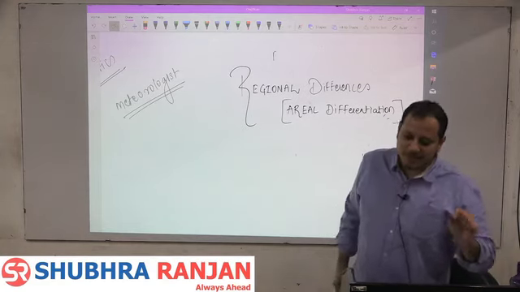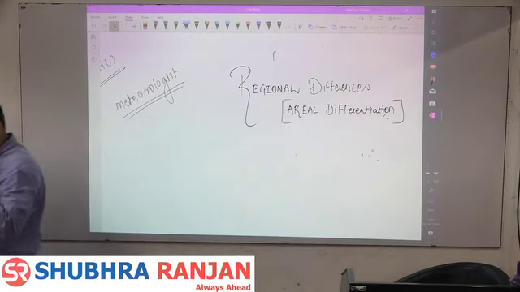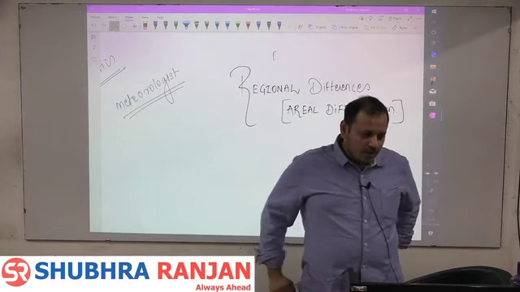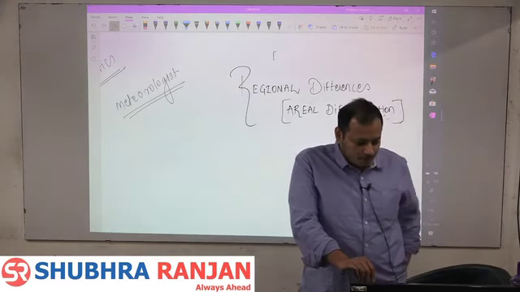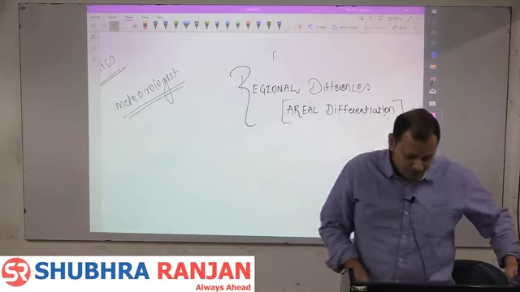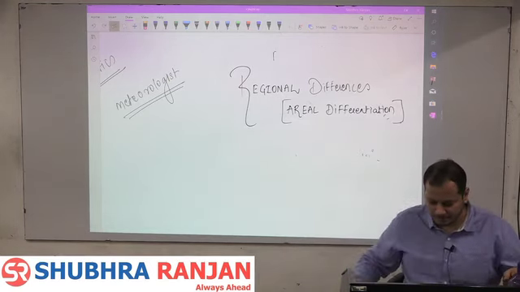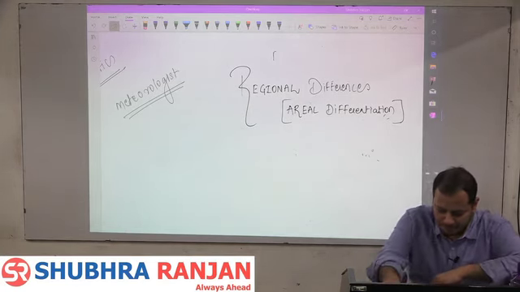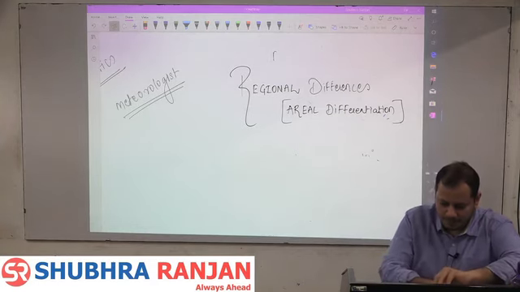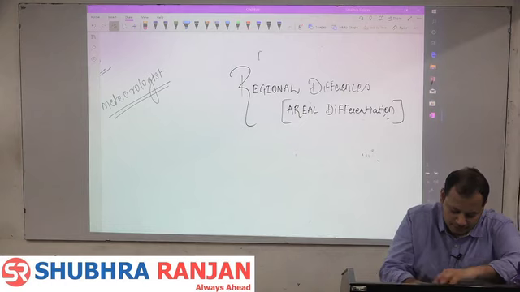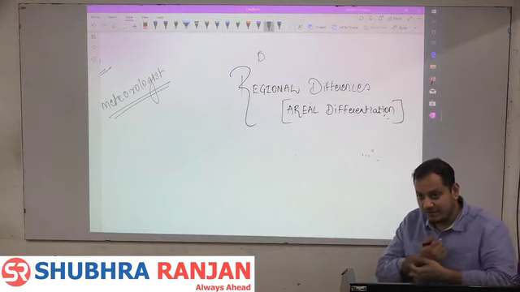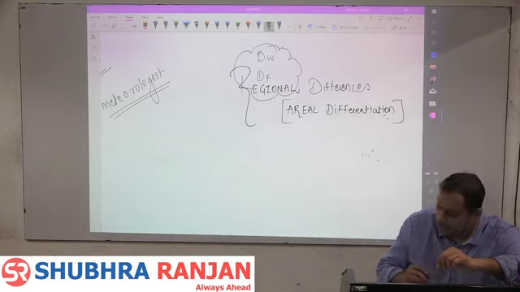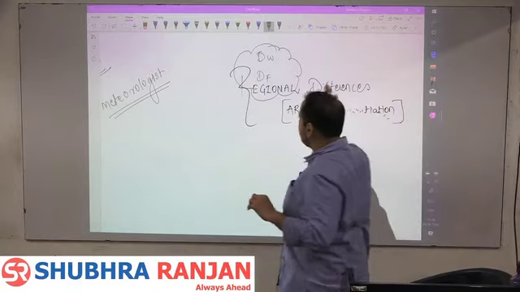Getting it? The first difference: Köppen divides the D type of climate on the basis of precipitation into DW and DF.